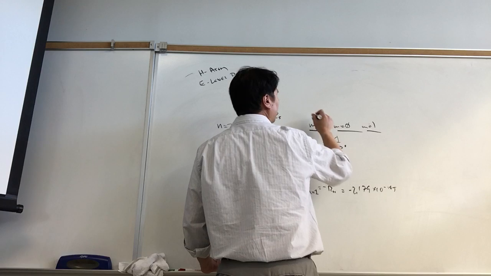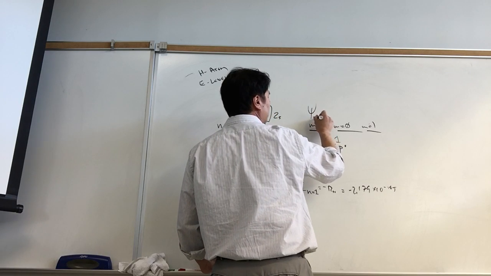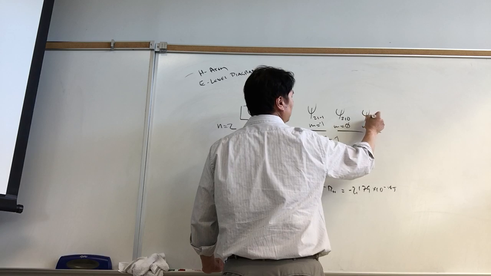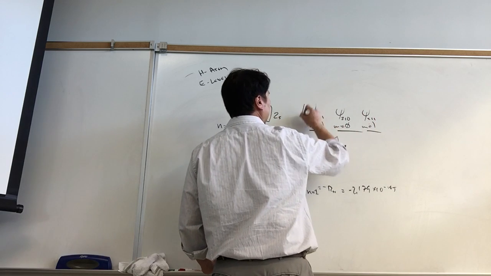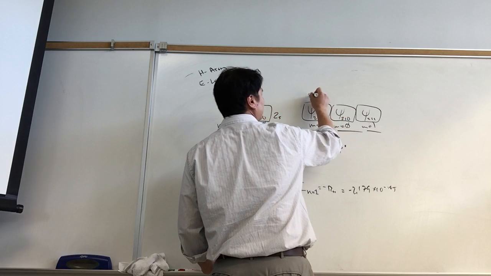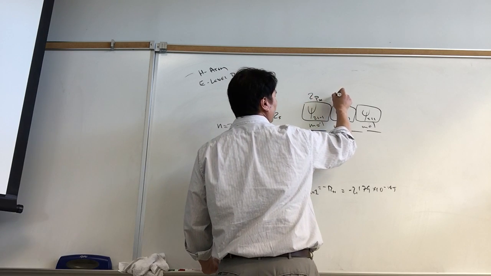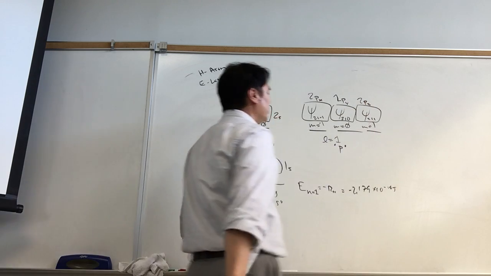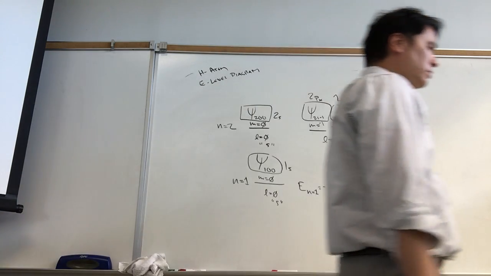So this would be a psi 2,1,-1, psi 2,1,0, and a psi 2,1,1. Sometimes we'll give letter designations, for example, 2px, 2py, 2pz. I'm showing the orientation of those.